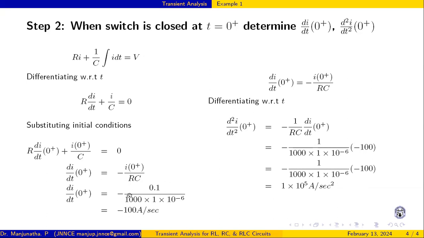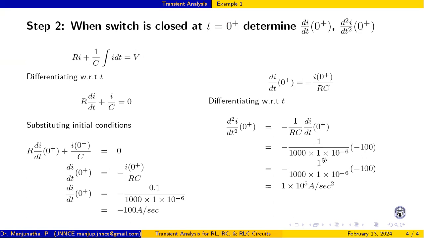Next, we'll go for the second derivative, d square i by dt square. From the first derivative equation and simplification, that term I have written here, again differentiate with respect to t. d square i by dt square is equal to minus 1 by RC into di by dt at 0 plus. We know these two values, and di by dt is minus 100.